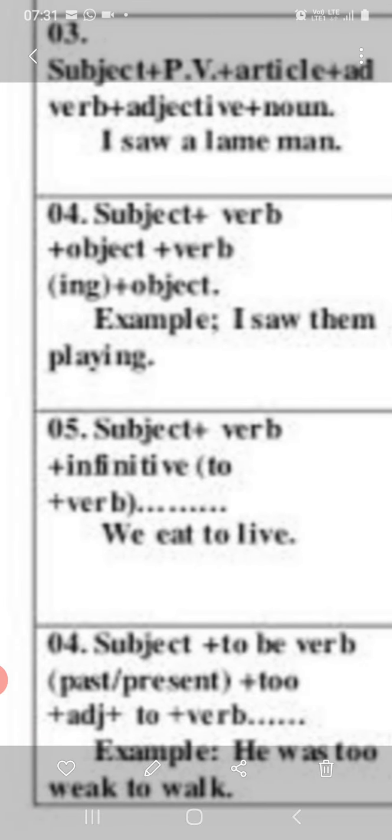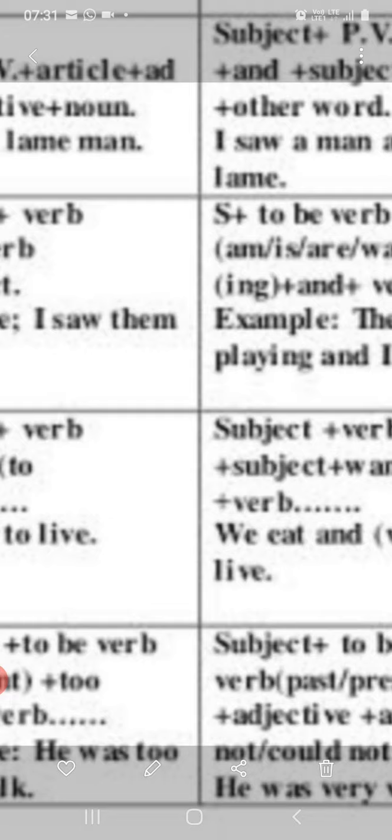Right. And another type: infinitive. To infinitive is used here. We eat to live. If a to infinitive is there, we can change it into a compound sentence. We eat and we want to live. So we need a subject and a verb.